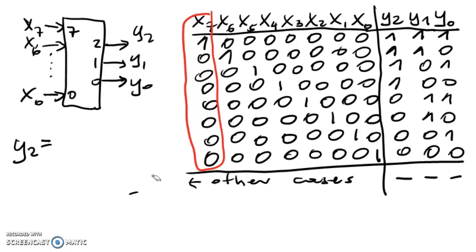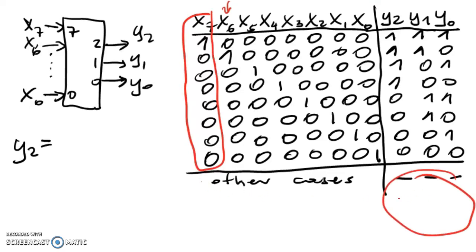And looking at these, you can notice that there is a single one in each row. In this part of this table, not this. We are not interested in this part, so this is not important.